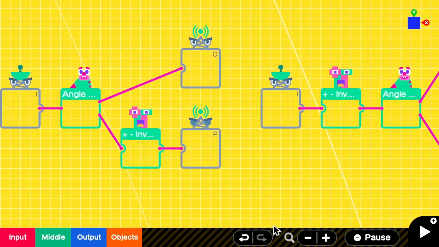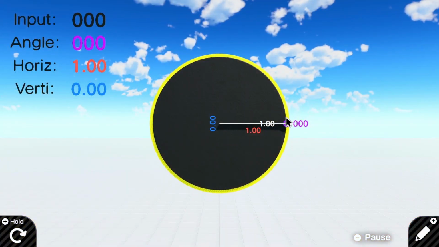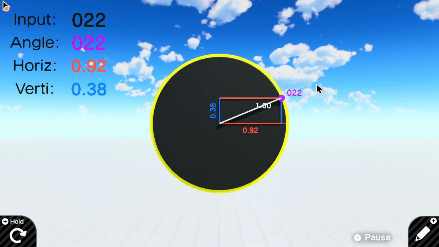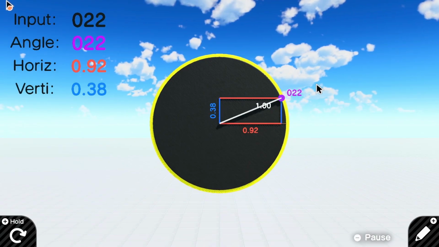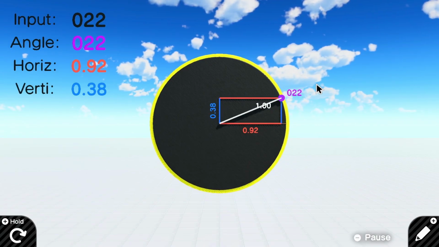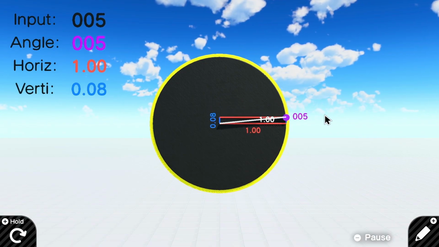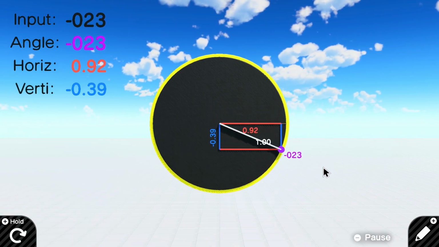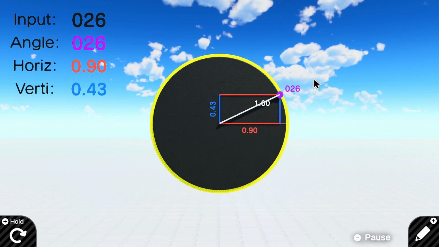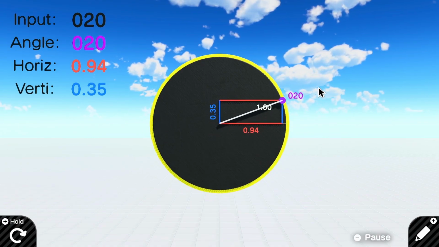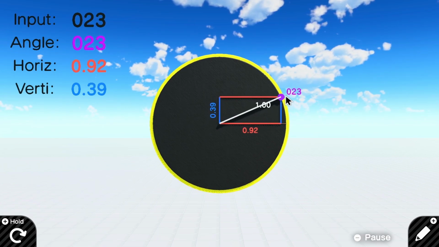So let me show you how that works in our demo setup here. So let's say our input is 22 degrees. If we get the inverse of that angle, so negative 22, that's basically just this same angle, this same triangle, but on the other side here. So we're basically just reflecting our angle across this x-axis here. So the x value of our angle is still the same.